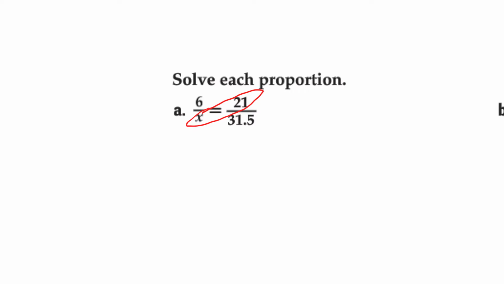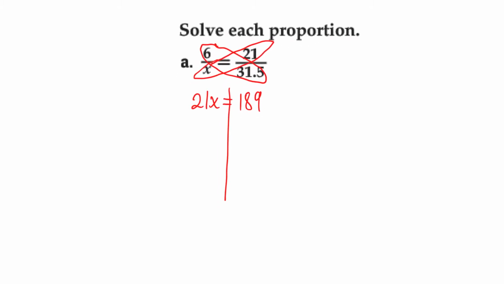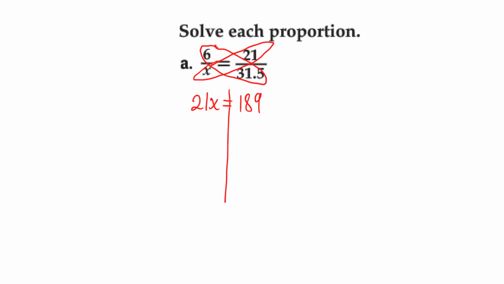X times 21 is what? 21x. Put the equal sign. And I'm going to multiply on the other wing. So 6 times 31.5 is what? Is 189. Now we're done with cross multiplying.